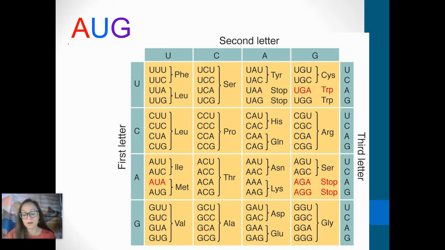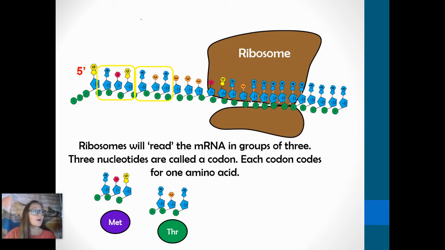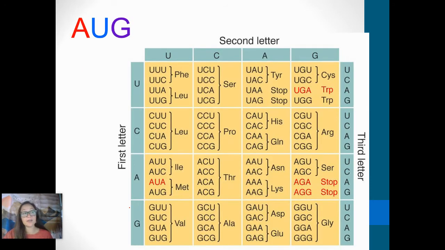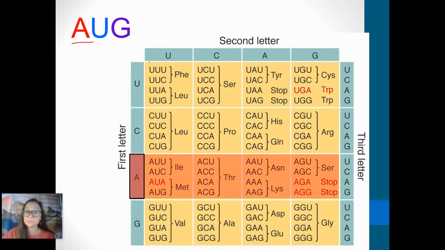So our first codon that we saw here was AUG. So let's go ahead and see, how do we know that that codes for the amino acid methionine? So here we have our table, and our first letter is an A, our first base. So there's the A. That means the amino acid we are looking for is somewhere in this row.